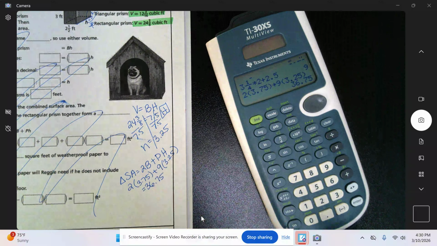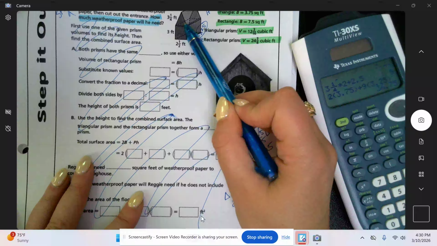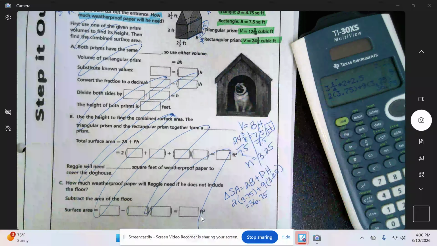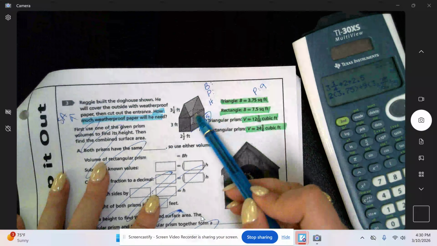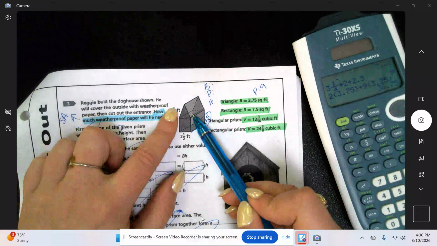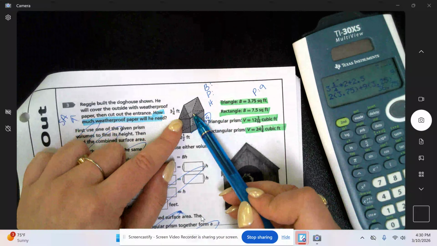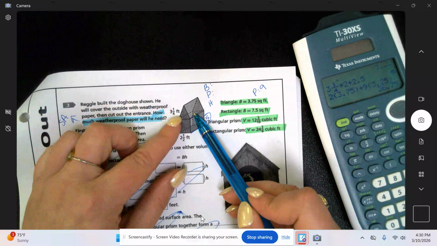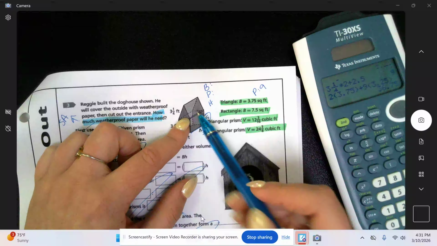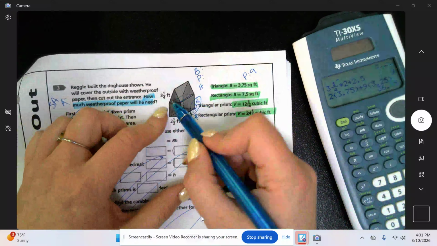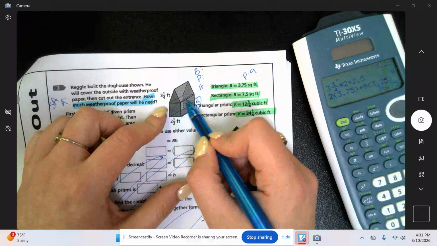However, do you see how this rectangle right here is part of, I don't know if you can see it in the camera, this rectangle right here is not on the outside because we're being put together, so we don't need to cover that inside rectangle, so we need to take that out. So we need to know what the area of that rectangle is going to be.